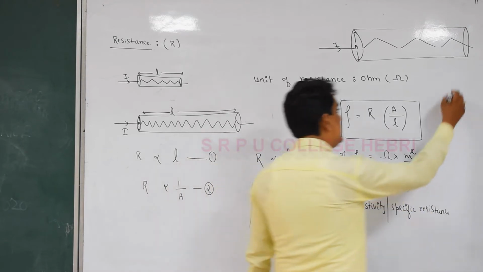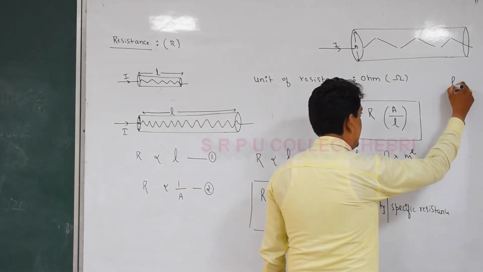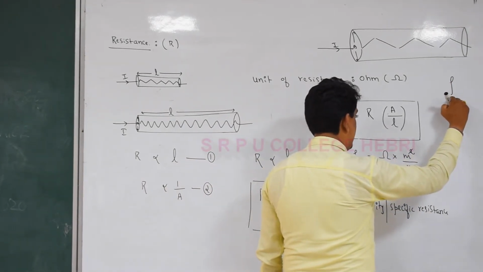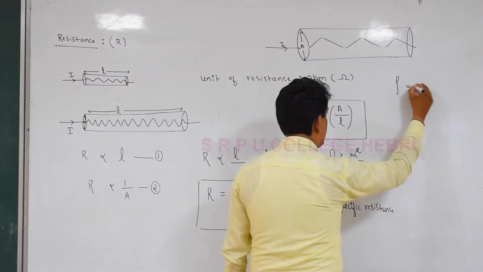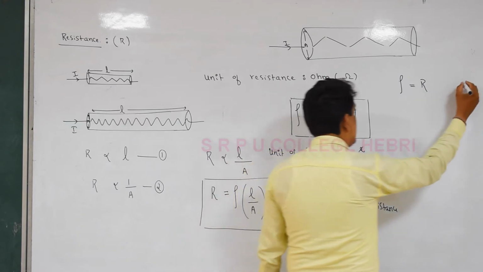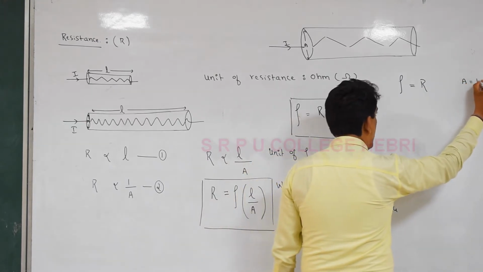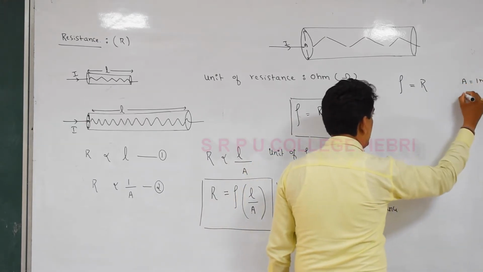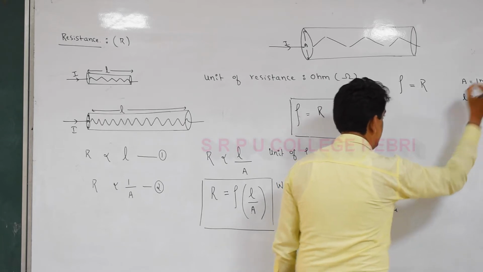Fine. See this. You want to define resistivity, so you are equalizing it with resistance R. In order to equalize these, I should take area 1 square meter and length of the material 1 meter.